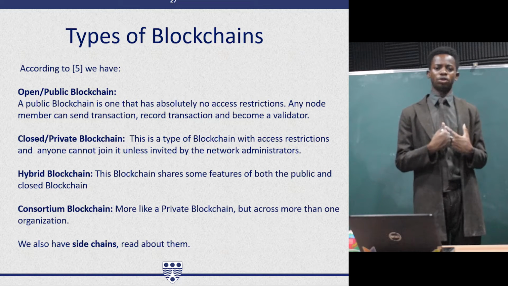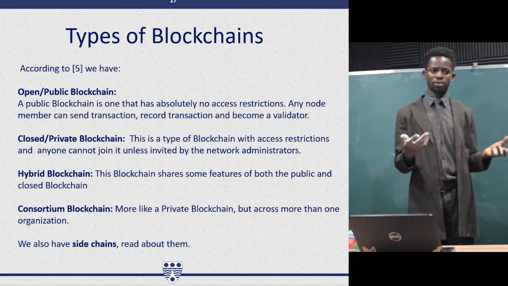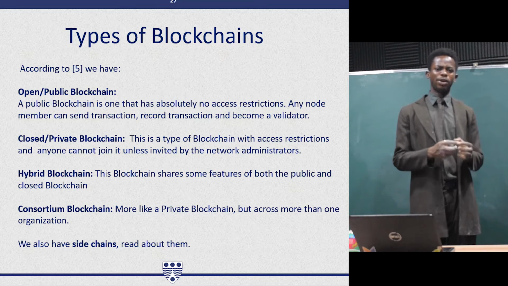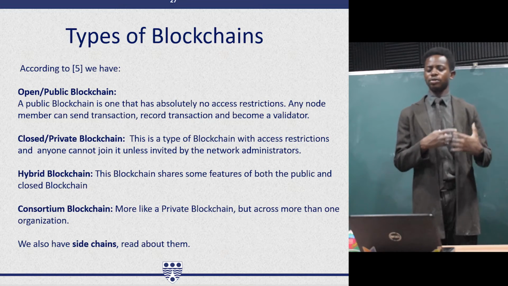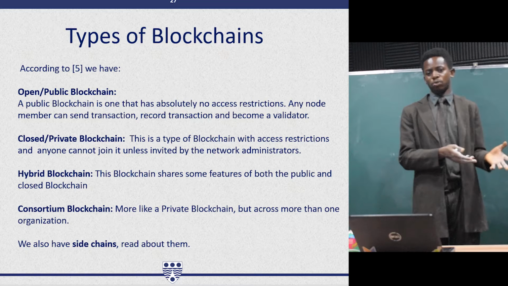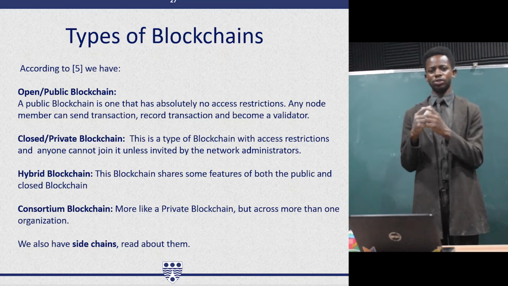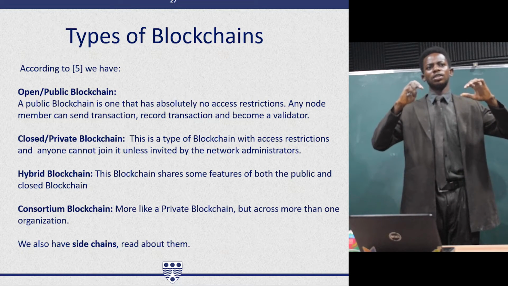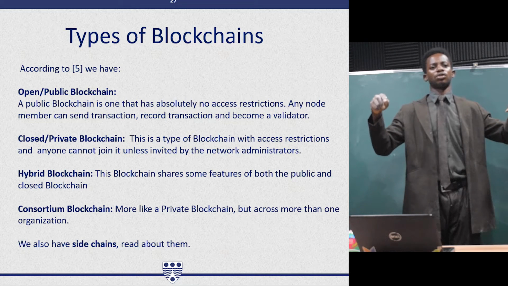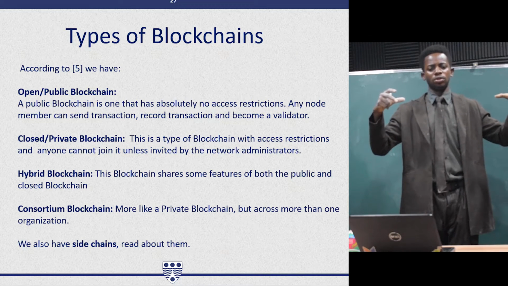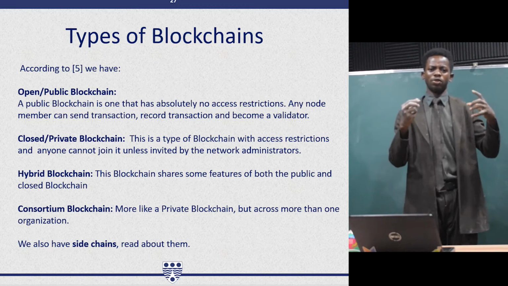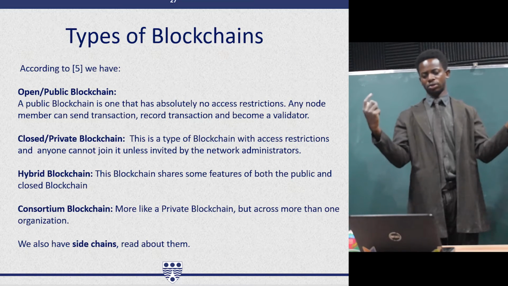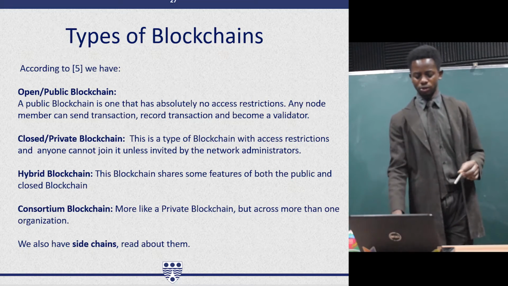Because the network administrator did not give access to the public. So it is a private blockchain. But a consortium blockchain is a kind of private blockchain, not just for one organization, but for different organizations. Just imagine government leaders across the world, say the G7, wanting to have a particular blockchain for themselves. So across organizations, it's called a consortium blockchain.